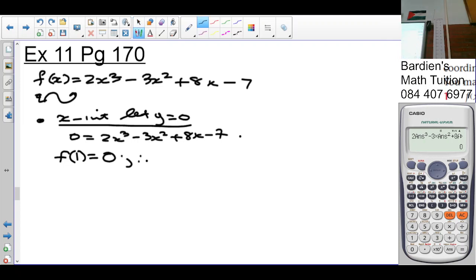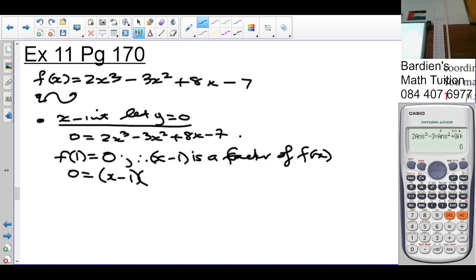So that means to say, therefore, x minus 1 is a factor of f of x, or of the function. Okay? So now to find the other factor, it's going to be x minus 1 into, so x times 2x squared is 2x cubed, negative 1 times negative 7 is positive 7, not so?